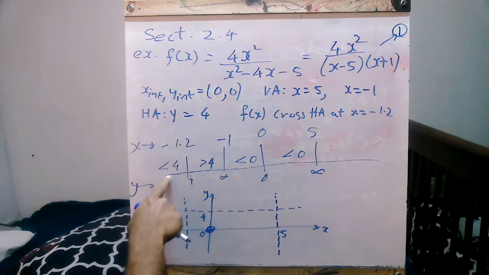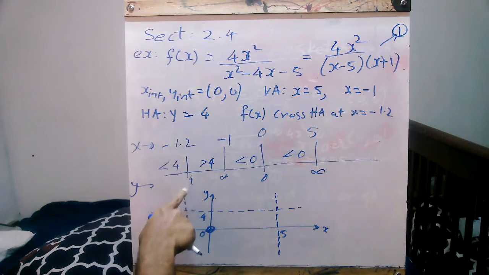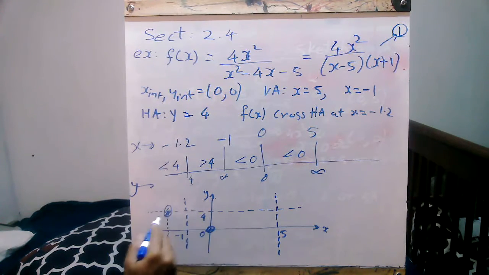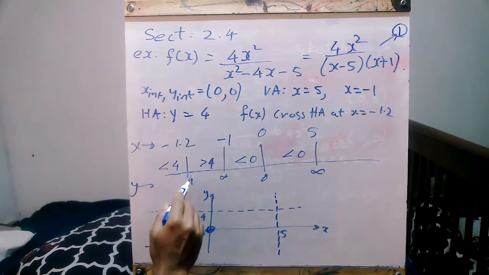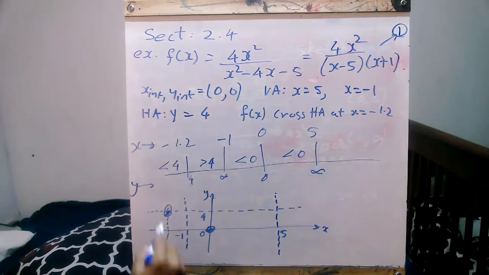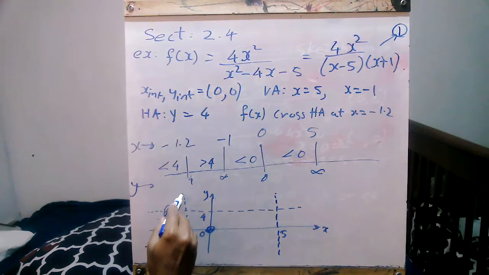Left of negative 1.2 means on this side the y value is less than 4, so somewhere here. On the right side it is greater than 4, so it is somewhere here. And we found it crosses this point, and this is a vertical asymptote, x equals negative 1, therefore the graph should go like this.